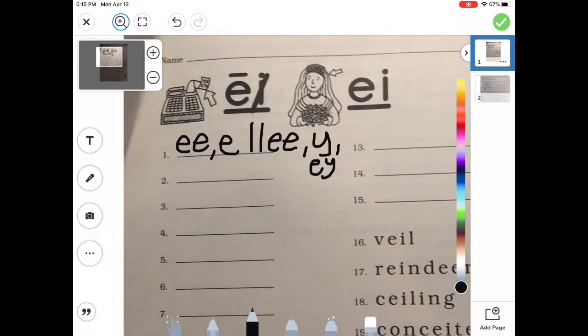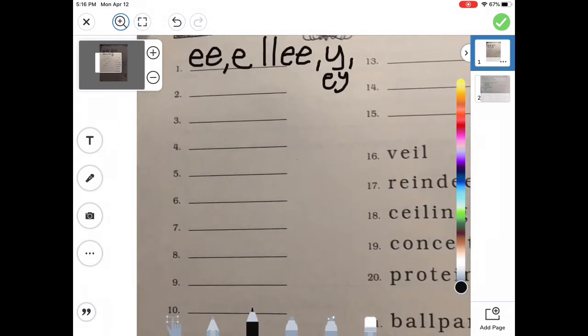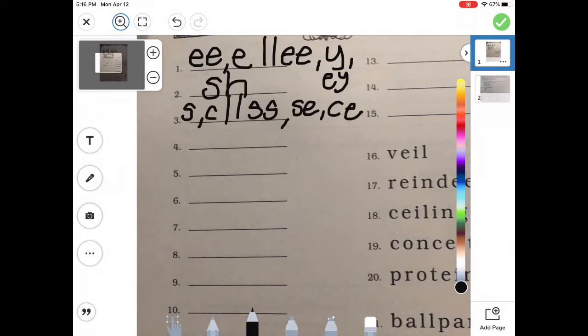What if I want to spell the sh sound? How would I spell that? S-H, perfect. What if I want to spell the s sound? That's right, it can be S or it can be C, or it can be final S-S, S-E, and C-E. Good job.